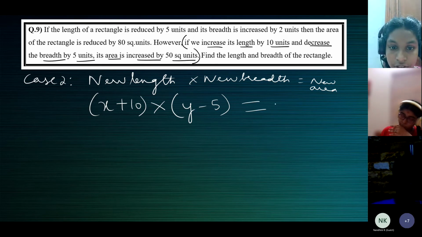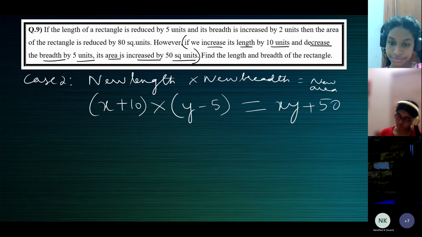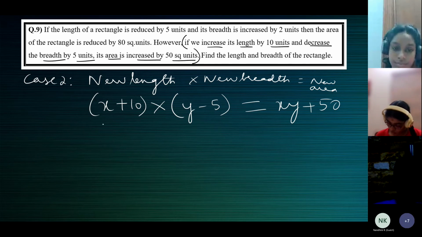What's the new area? xy plus 50. It's not just 50. The area is increased by 50. Whatever is the original area, that is increasing by 50. xy is the original area, that increases by 50. So xy plus 50.